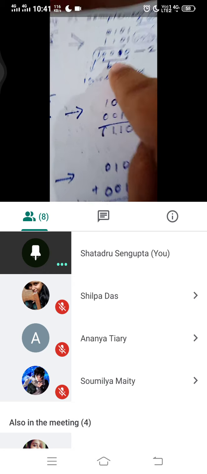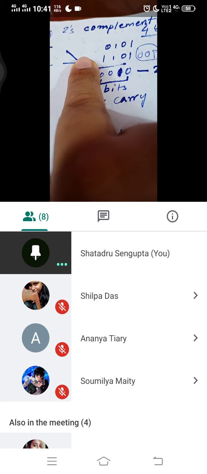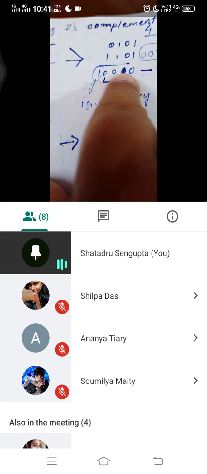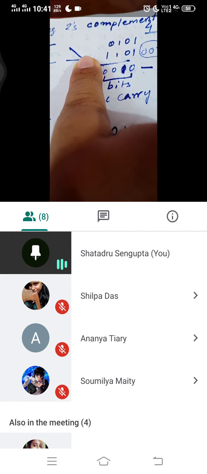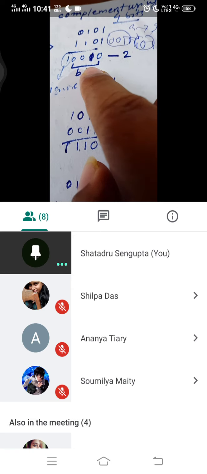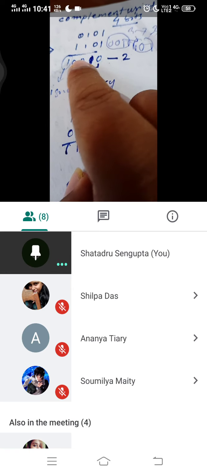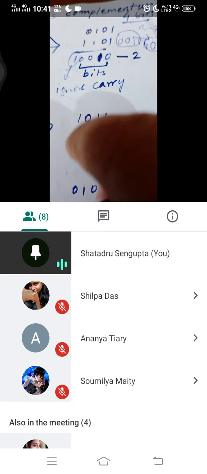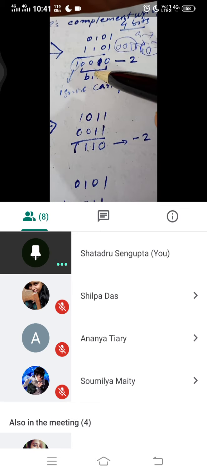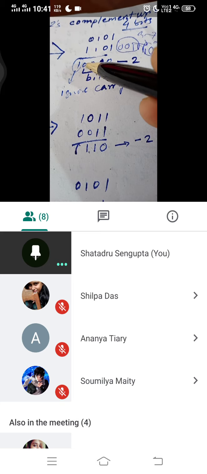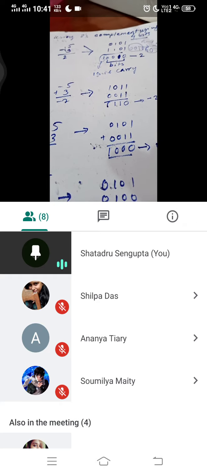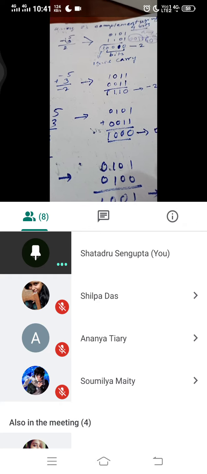Minus 2, 2. You have to ignore this one because it's a 4-bit number. The one that has been marked is minus 2. See the similarity? Once you encounter the 1, 0 changes to 1. So this is minus 2. So this is the glory of 2's complement addition.